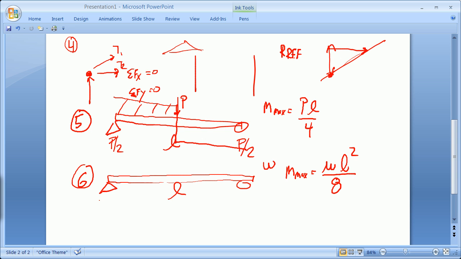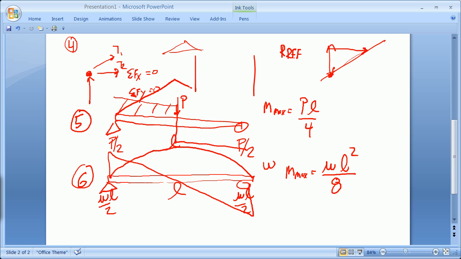And we know that the reaction is, of course, wL over 2, wL over 2, which means the shear diagram begins at wL over 2. It comes down, comes back up, and the moment diagram is a parabola. The moment diagram here was a triangle. That was problem number 6 in terms of knowing.